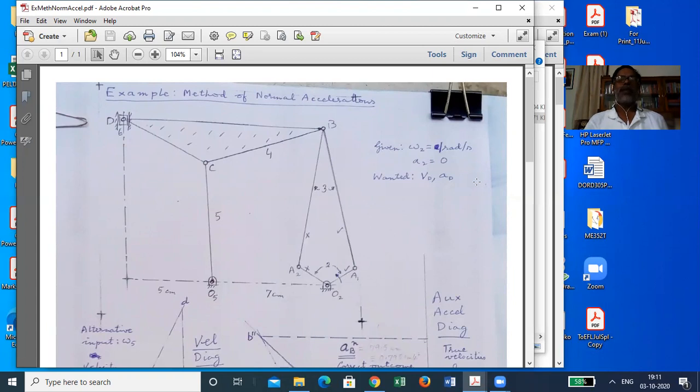And the problem is that this input link is rotated at angular velocity 1 radian per second and 0 angular acceleration. That means it is run with uniform angular velocity, and we have to find out the velocity and acceleration of this slider D, which is the output link.